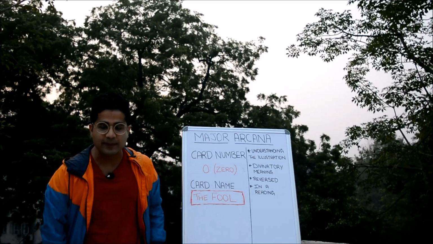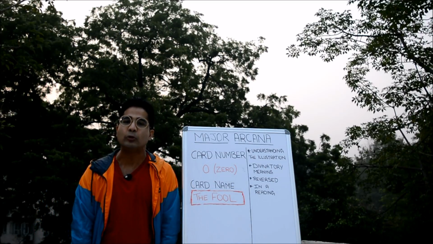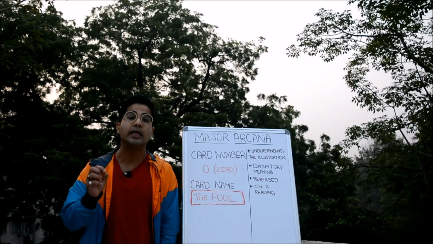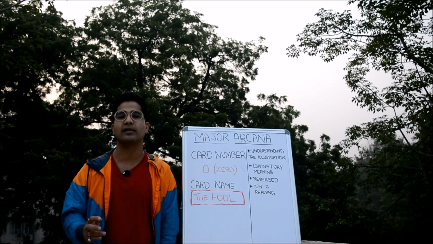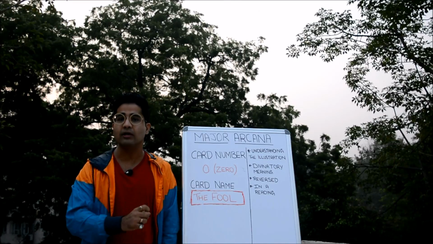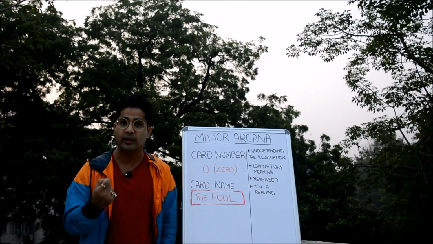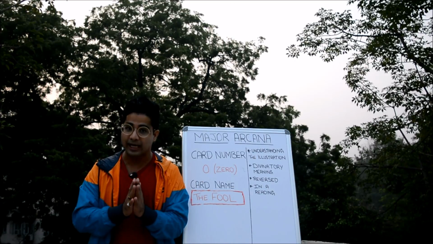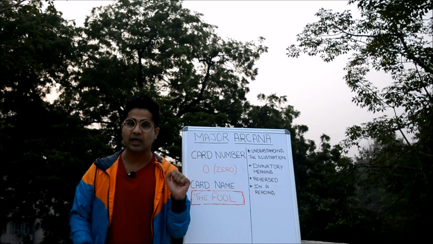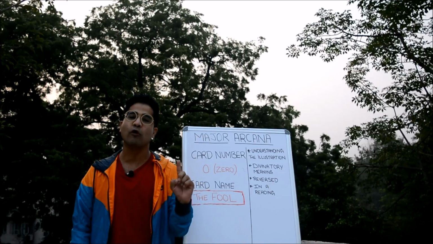I have already explained that the major arcana cards, which are 22 in number, carry one unnumbered card known as the Fool, and the rest are 21 cards. This unnumbered card, the Fool, is very important because on the mirrors of spirituality it is believed to be the representation of the soul.